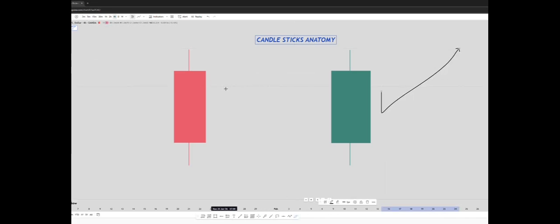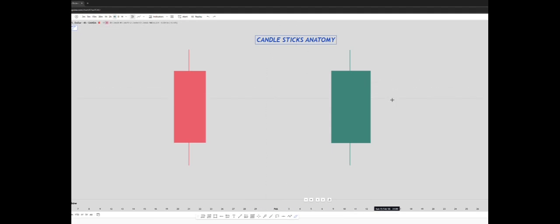Then we have the bearish candlesticks, which are represented by the red candle. When the market is going up, this is the candlestick that forms. When the market is coming down, this is the candlestick that forms. I'm going to show you how to read and understand each of these candles.